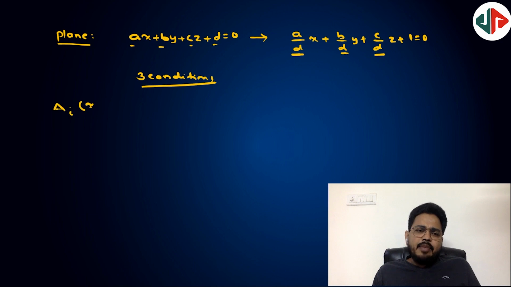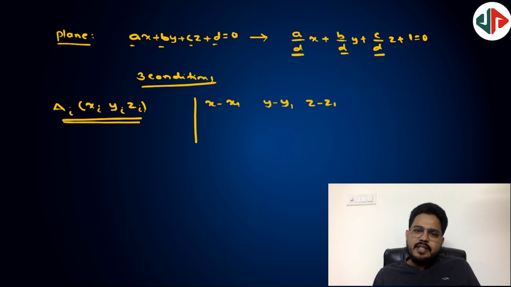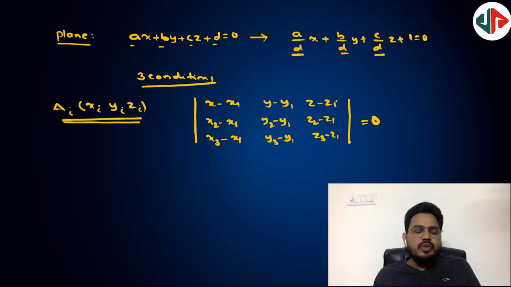So basically, Ai is a point (xi, yi, zi). The equation of the plane passing through these three points is the determinant of rows (x - x1, y - y1, z - z1), (x2 - x1, y2 - y1, z2 - z1), (x3 - x1, y3 - y1, z3 - z1) equal to 0.